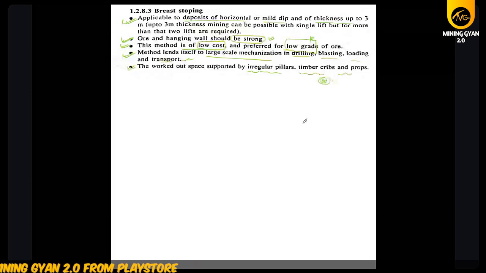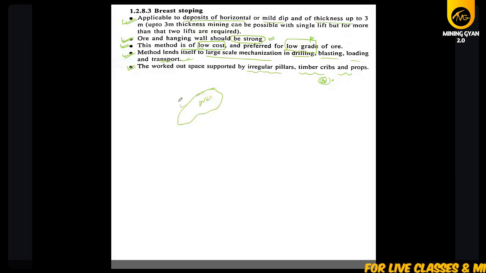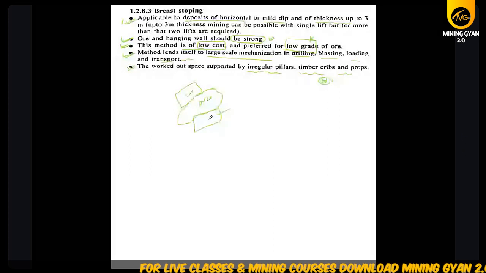So in this method, only 5 points you should remember. First, the overlying strata should be strong, the footwall strata should be strong, and the hanging wall too.